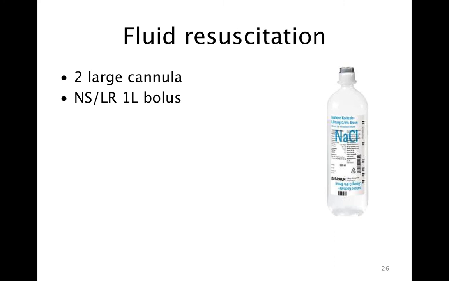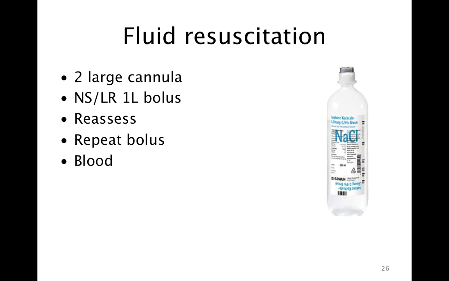A fluid bolus of 1 liter of either normal saline or Ringer's lactate is the appropriate first-line treatment. After giving the bolus, we need to reassess the patient's circulation status, and if there are still signs of shock, we should immediately give a second fluid bolus of saline or Ringer's lactate.